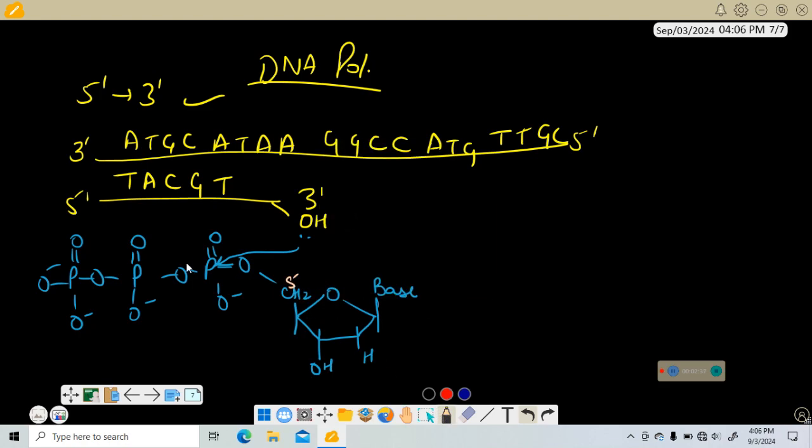This is the 5th position, this is the phosphate group present here, and here we have the DNA polymerase. A phosphodiester bond will be formed, pyrophosphate will be released, and energy will be released so that a phosphodiester bond can be formed. This is the simple mechanism, the normal procedure.